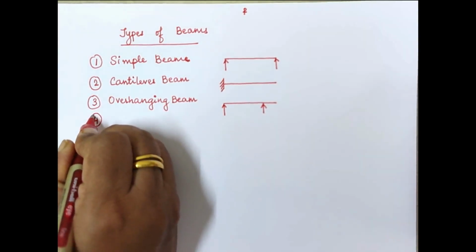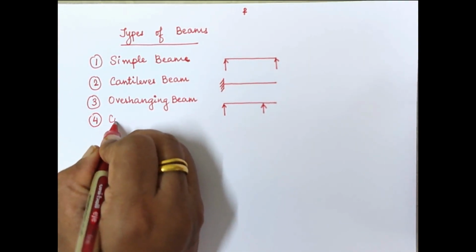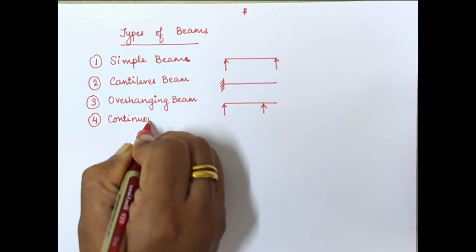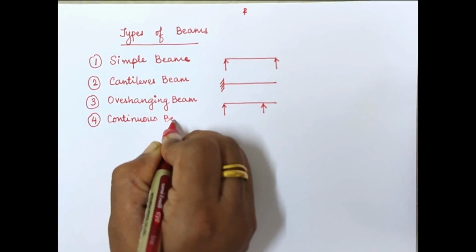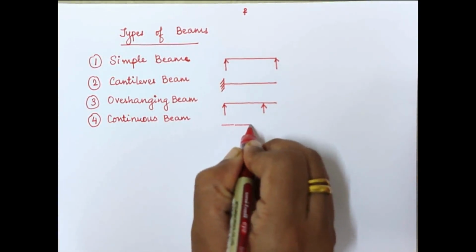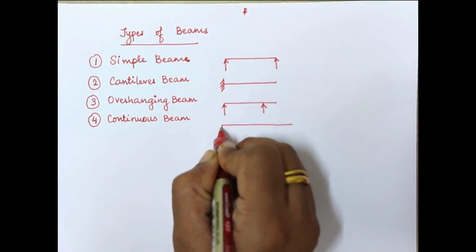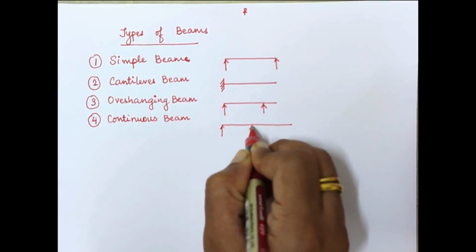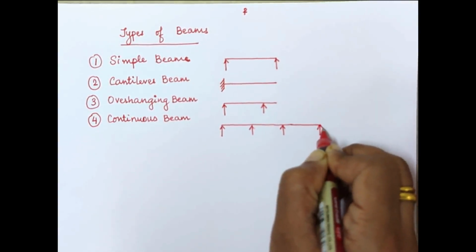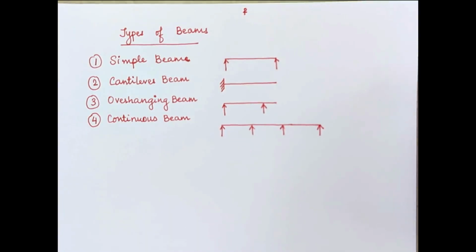Fourth, what we can consider is a continuous beam. In this case, the beam extends on various supports in the middle. So, this is known as a continuous beam.